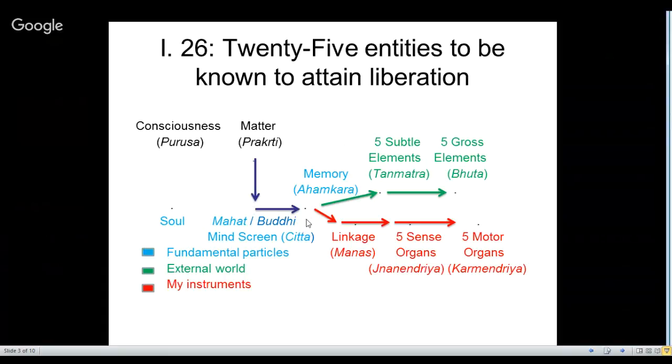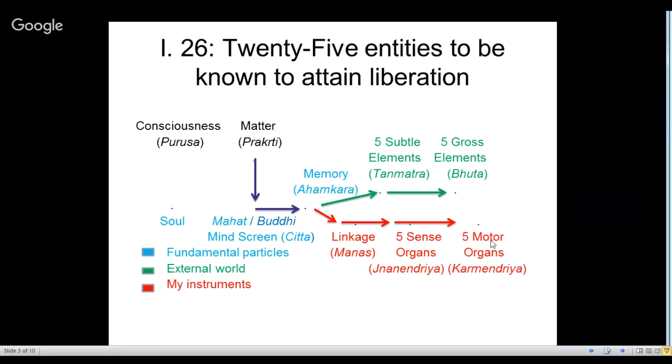Last week, in chapter 2, we were looking at the subject and his instruments: the Mahat, my Buddhi, the very first principle, and my Ahankar, and then Manas and 10 instruments.